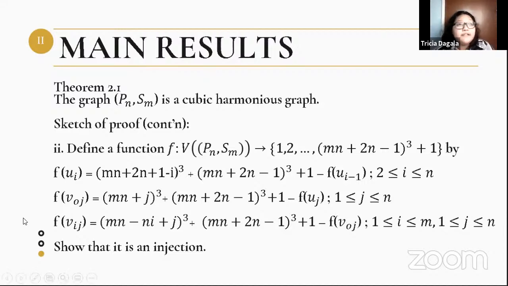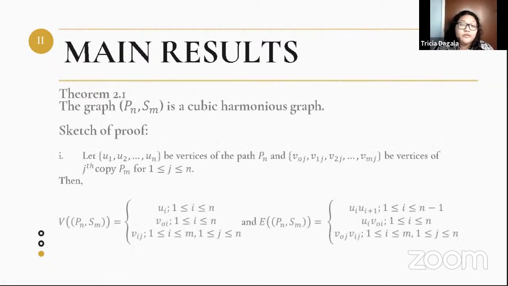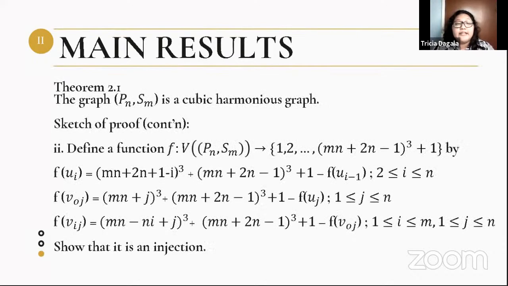So for the different vertices here, there corresponds a different set of functions. So in order to say that it is cubic harmonious, it needs to be an injective function first. So that is the sketch of the proof.